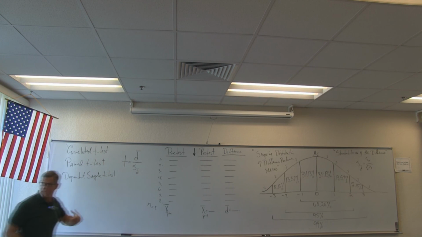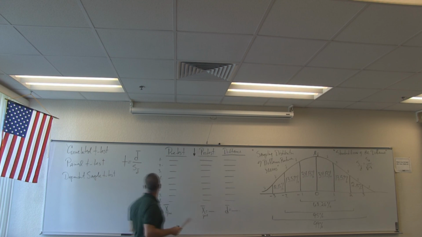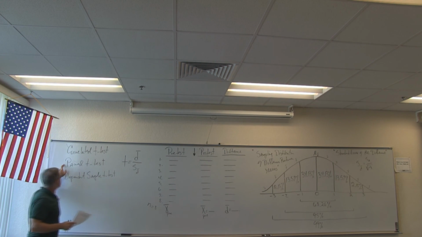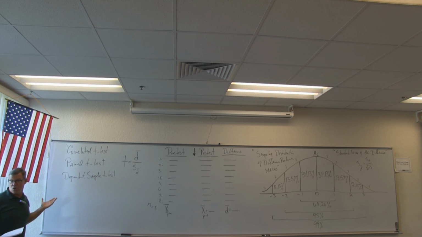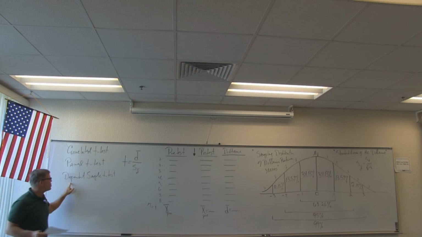The only difference between this and this is recorded in this column. It's called the paired t because we're working with pairs of scores, and it's called the dependent sample t-test because we have a dependence relationship.